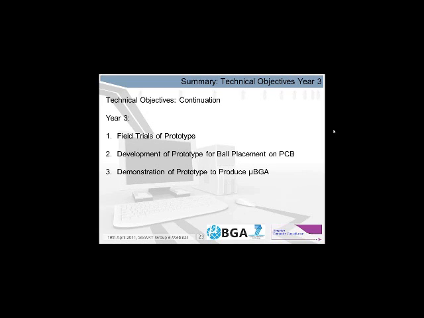The field trials will then feed into the development of a prototype for ball placement, and then we're looking for industry partners to be testing the produced soldables and micro soldables and micro PGAs to demonstrate a production environment.